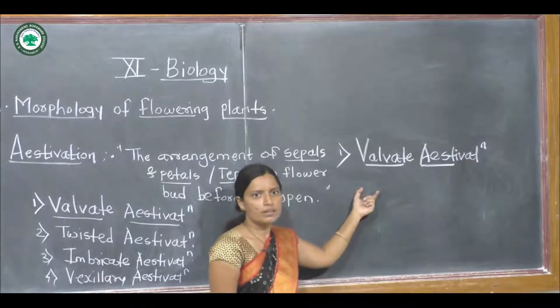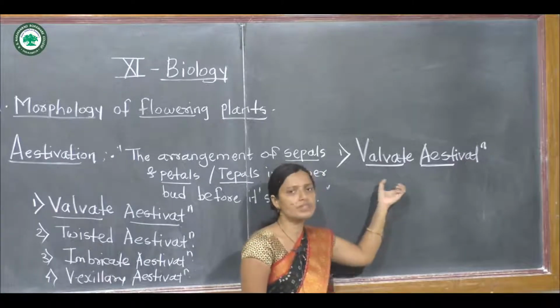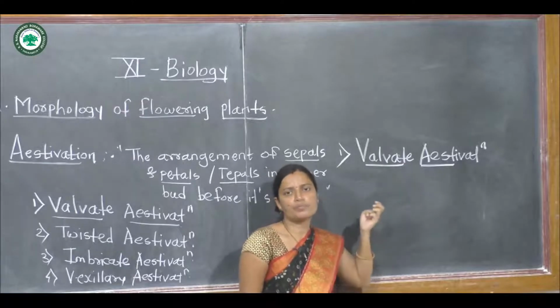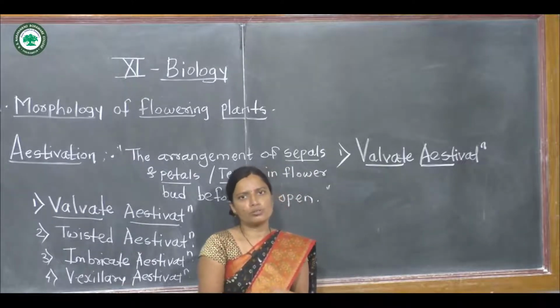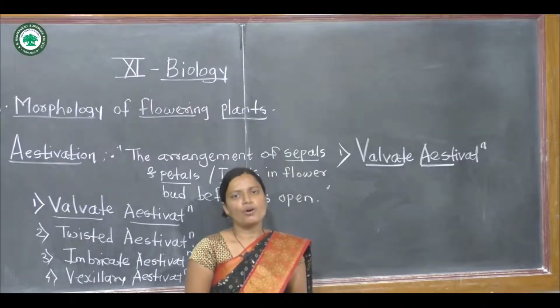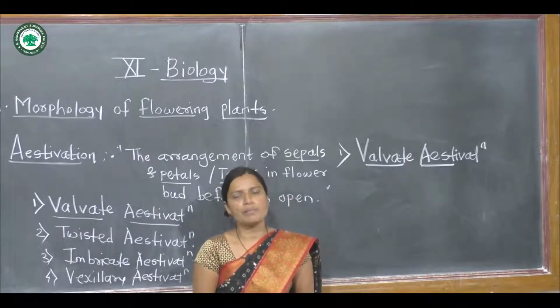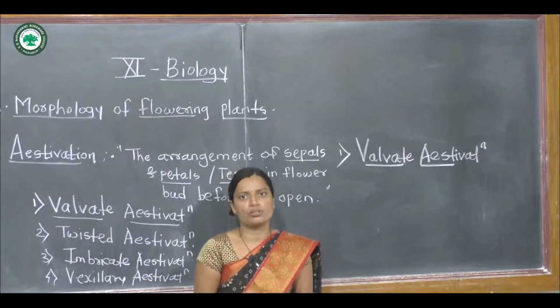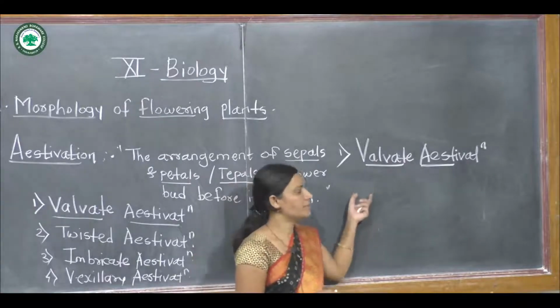In this type of estivation, the sepals or petals lie in contact with each other. This means the margins of the sepals and petals touch each other, and this type of arrangement is called valvate estivation.